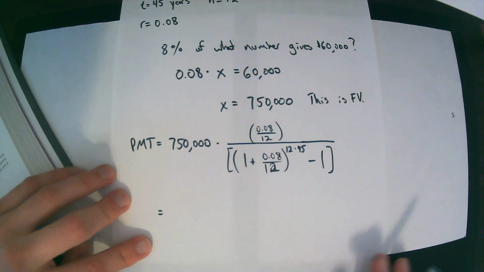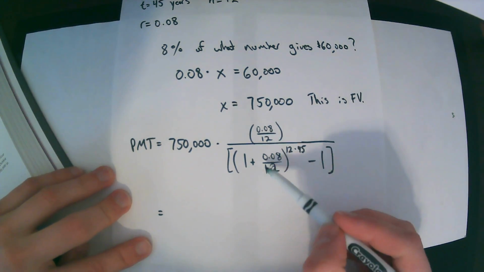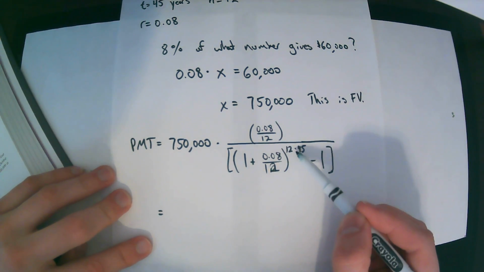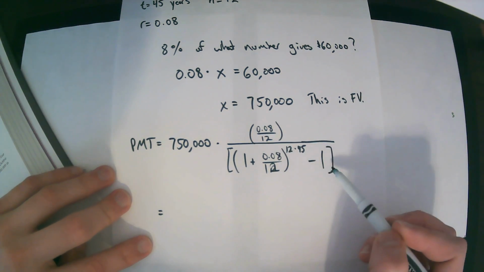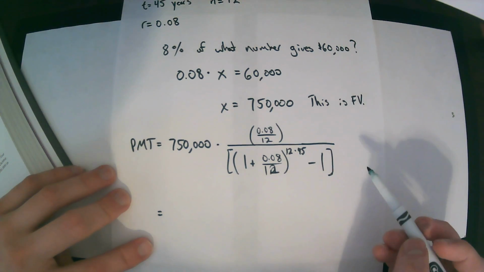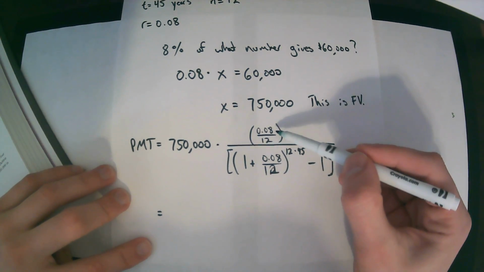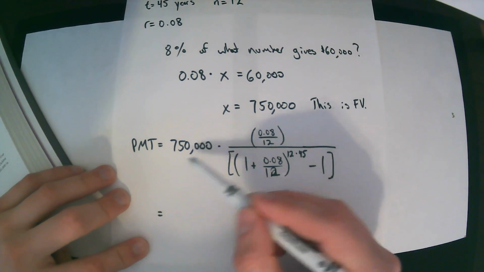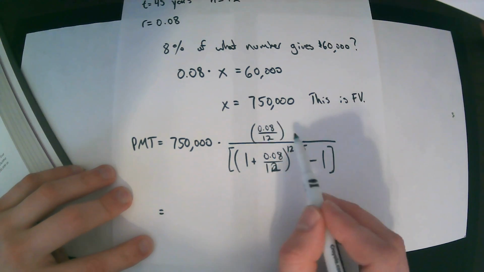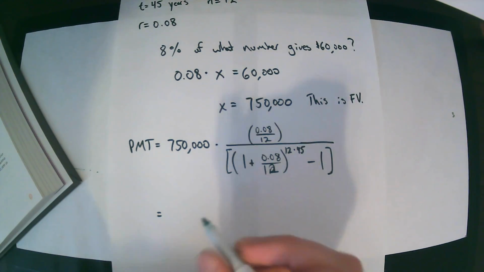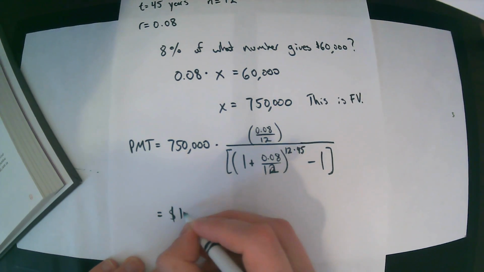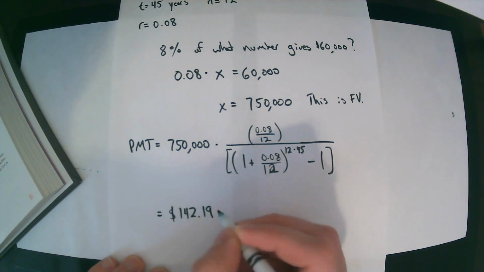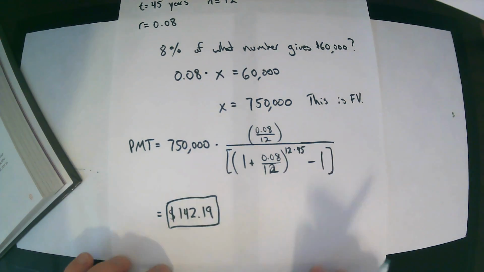Okay, so again, doing the calculation, you would do this division, then add 1, raise it to whatever this number is, then subtract 1, hit your 1 over x button, then multiply by 0.08, then multiply by 750,000, and finally divide by 12, and you're going to end up with a relatively small amount of money, all things considered. $142.